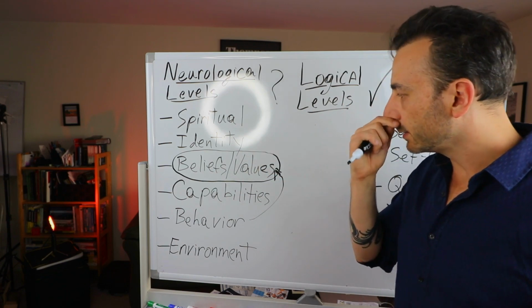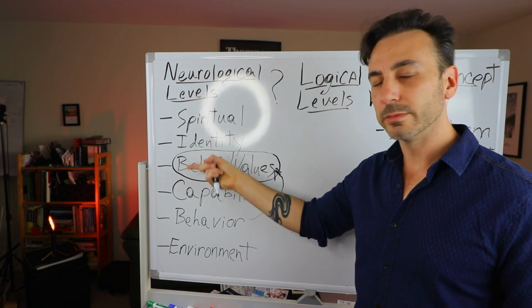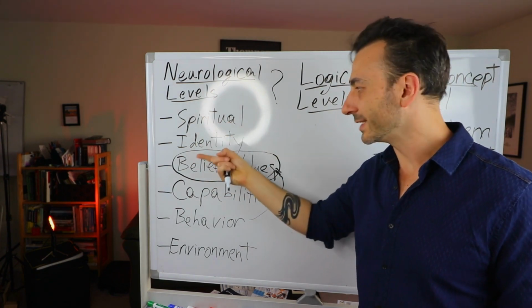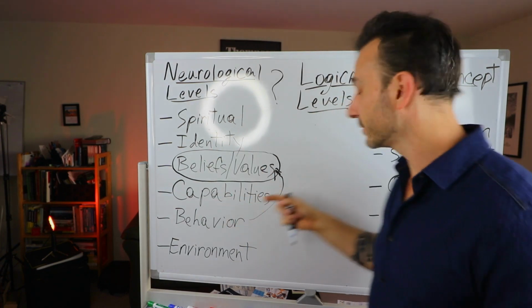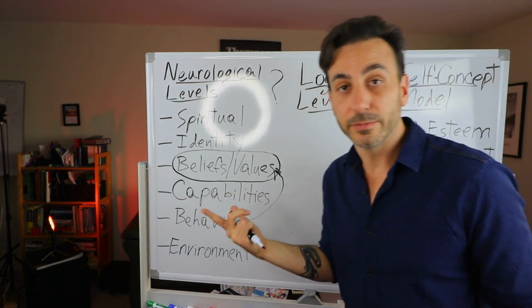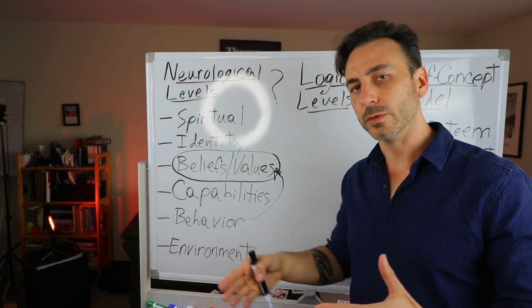Now, the thing about identity is actually that beliefs could easily be put over identity, because identity is a belief. It's your identity. It's also known as self-concept. You don't have a hard fact about who you are.